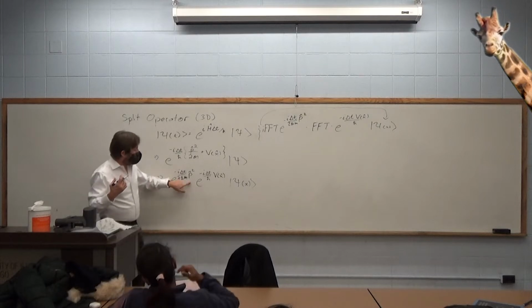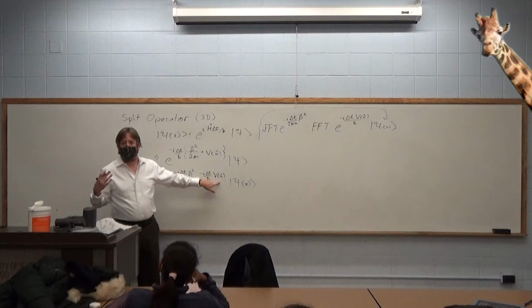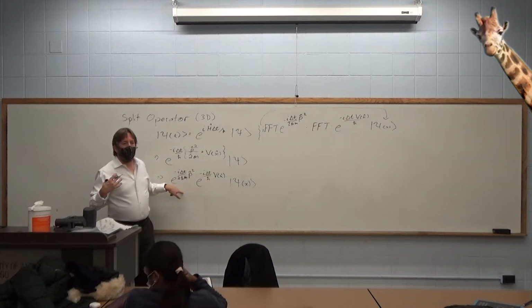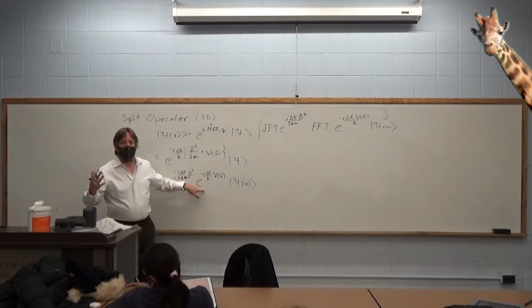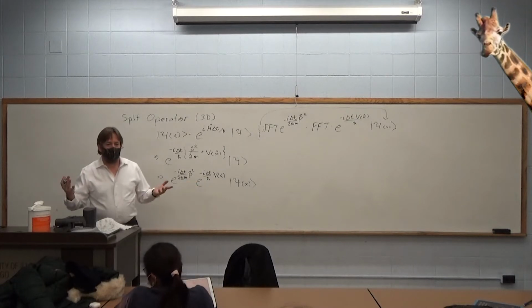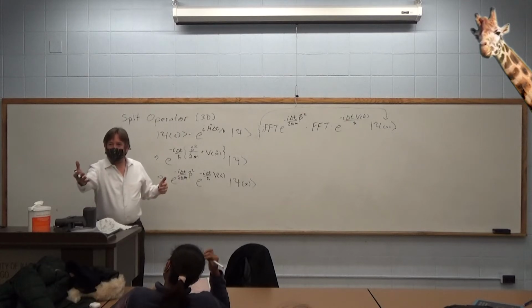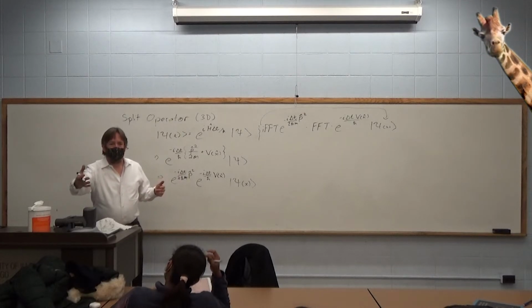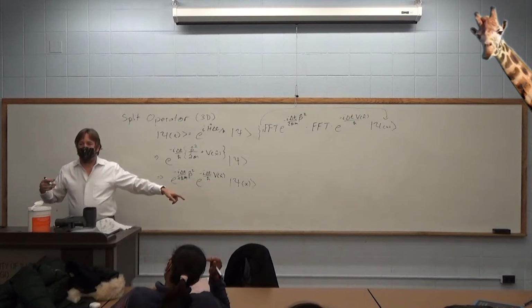This is just a function of the P operator, this is a function of the potential operator, which is basically the X operator. So when would operator A, operator B not equal operator B, operator A? Yes, they don't commute. Do momentum and position commute? No.